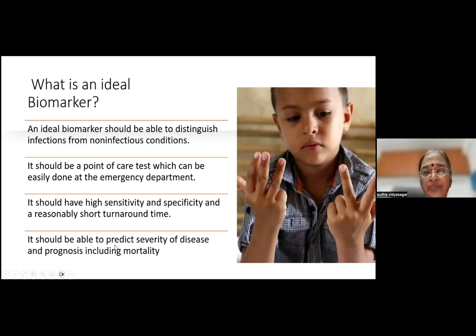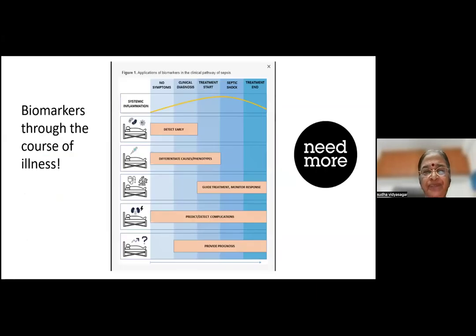It should be able to predict severity of disease and prognosis, including mortality. So this is what we would like a biomarker to do. It should say whether it's infection, it should be done fast, should have good specificity and sensitivity, and it should be able to predict the prognosis of the disease. This is our wish list.